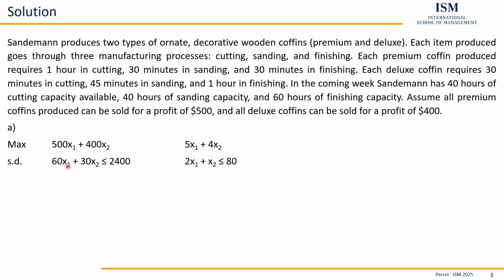Again, we can simplify this constraint a little bit. We see that all three numbers are divisible by 30, so we can divide by the largest possible divisor, which here is 30. So it reduces to 2x1 plus 1x2 smaller or equal to 80.